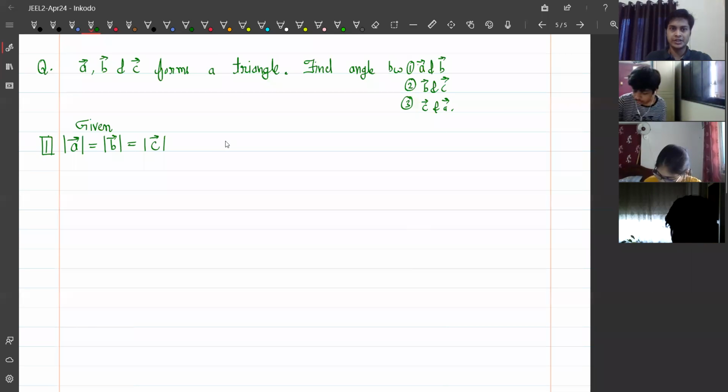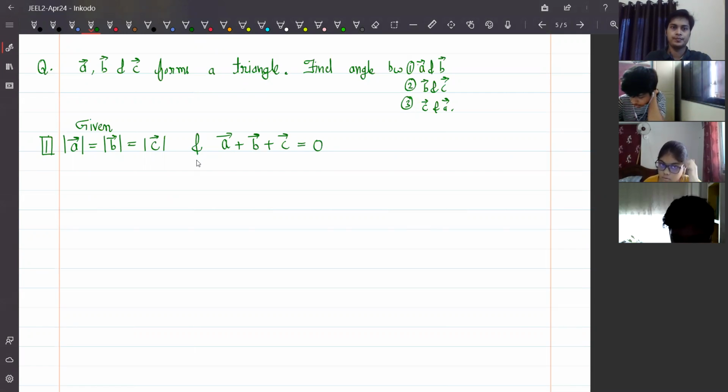I'll add one more condition to it. I'll add this condition also, that A vector plus B vector plus C vector equals 0. All of them form a triangle, and the sum of these vectors is 0.